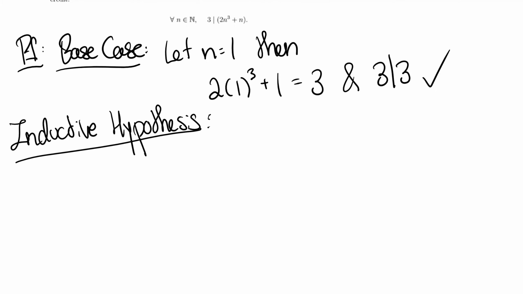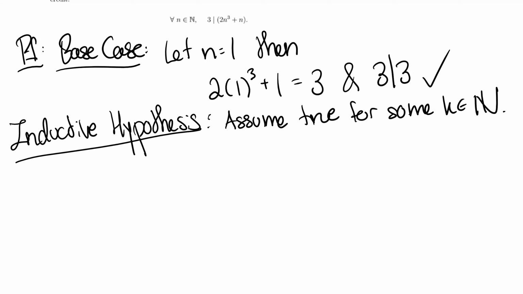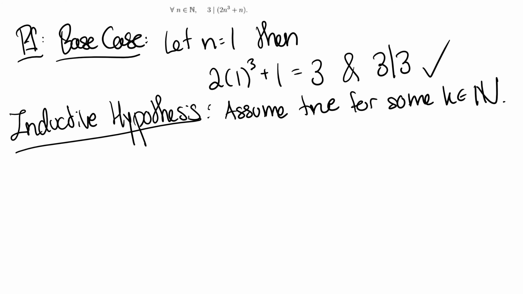Inductive hypothesis. All right, assume true for some k. I notice a lot of students will make a little mistake here and say for all. If it's true for all, you're just assuming that it's done. You just want to assume for some k, for one k. Now, inductive step.